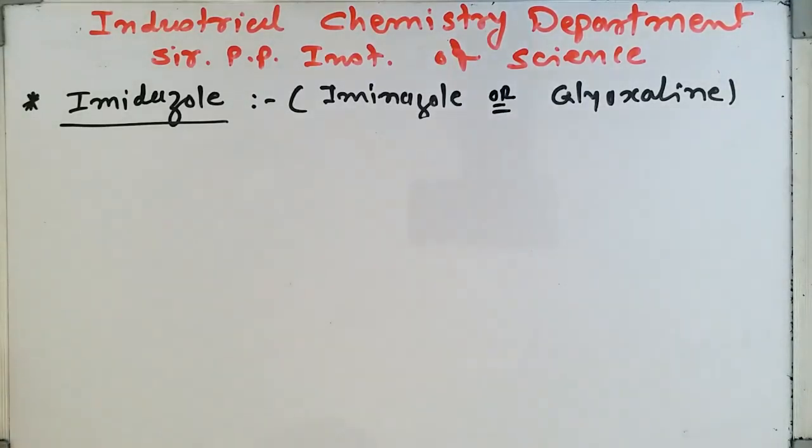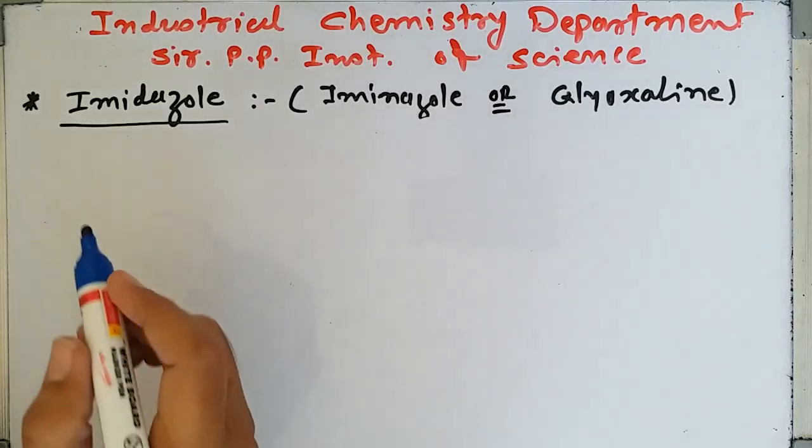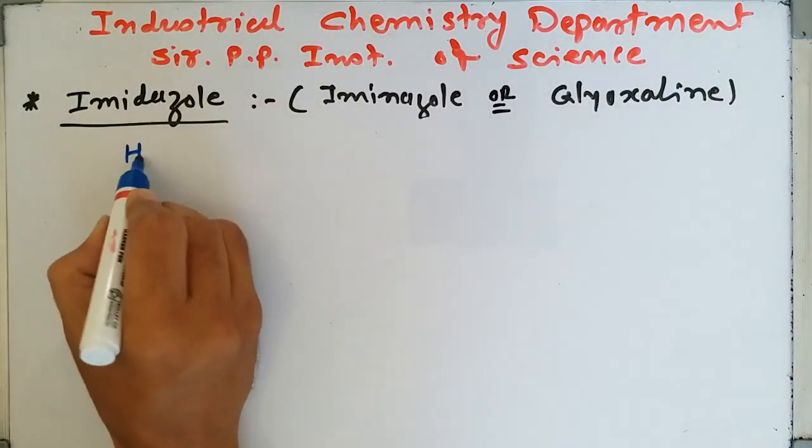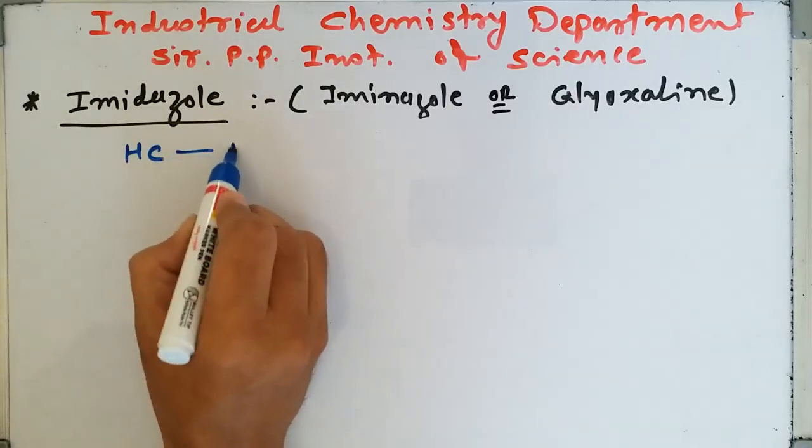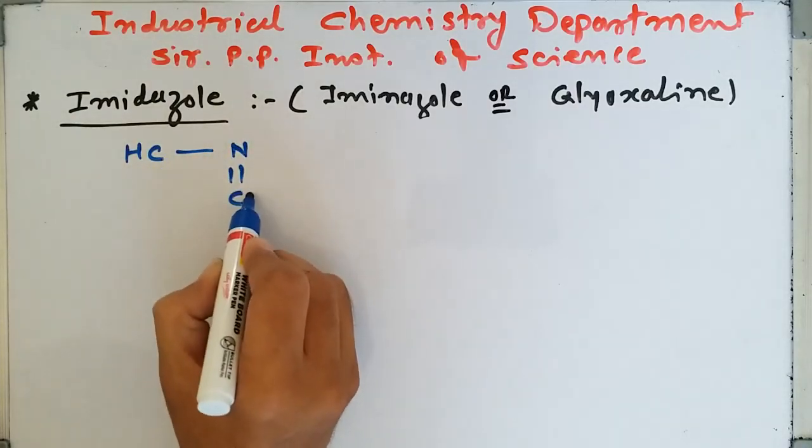It is known as the ring opening reaction of imidazole. When imidazole is treated with H2O2, hydrogen peroxide, it readily opens the ring to form oxamide. We write down the structure of imidazole.